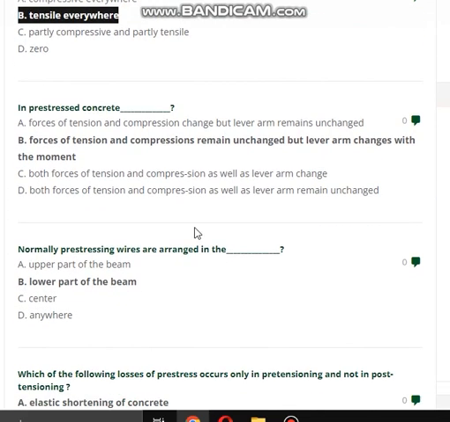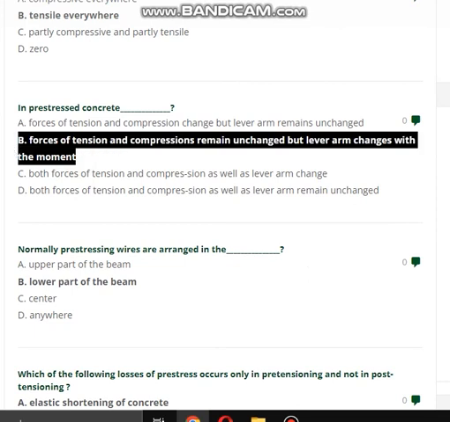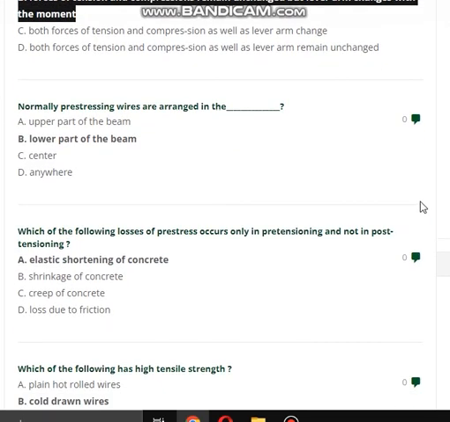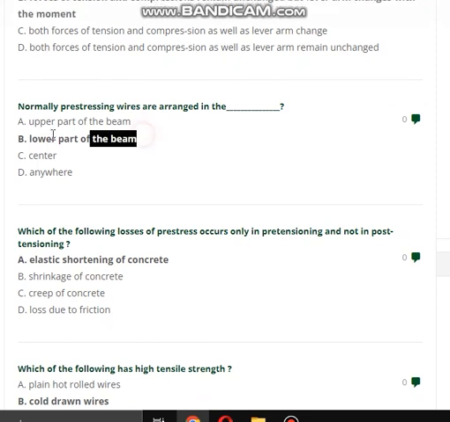In pre-stressed concrete, force of tension and compression remain unchanged, but lever arm changes with the movement. Normally, pre-stressing wires are arranged in the lower part of the beam.